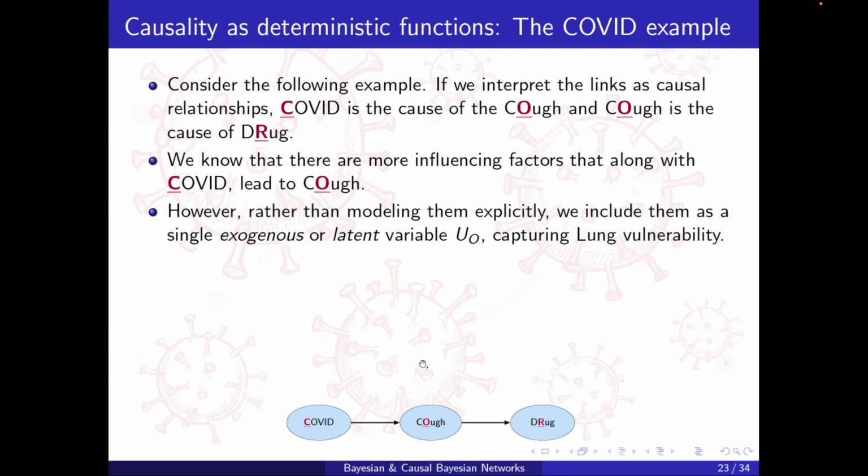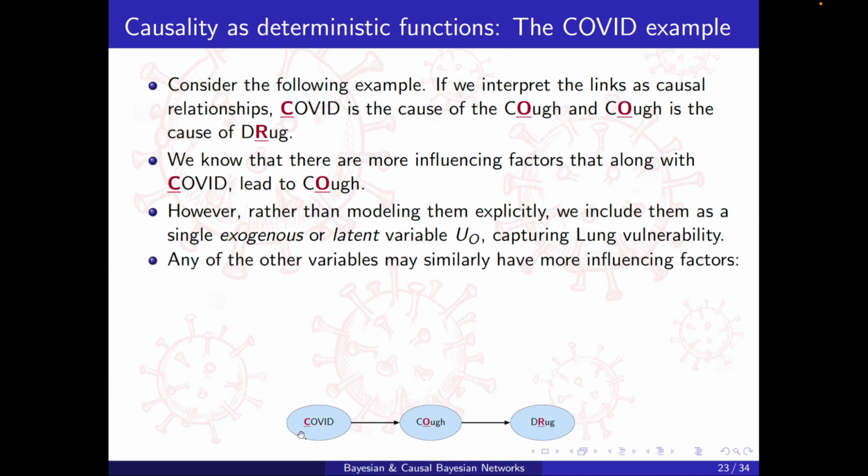It's not just COVID, there could be several other reasons, but we are not modeling them explicitly here. We just include them as a single exogenous or latent variable U_O for cough, which captures lung vulnerability. Similarly for the other ones, COVID and drug.